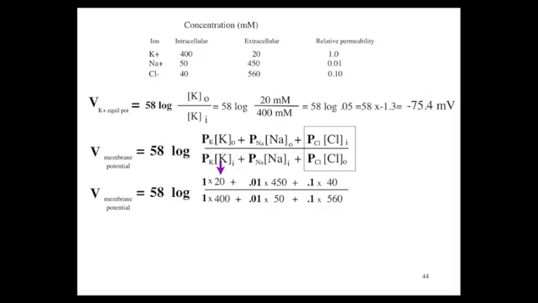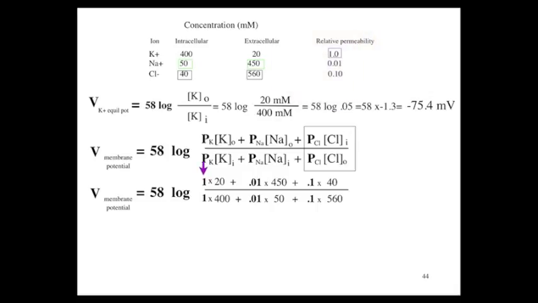We got that before also, plus the concentration of sodium in the extracellular fluid, which is 450, given on top. We had to get it from somewhere, divided by the concentration of sodium in the intracellular fluid, which is 50 millimolar, plus the concentration of chloride intracellularly, which is 40 millimolar, divided by the concentration of chloride in the extracellular fluid, which is 560. Okay?